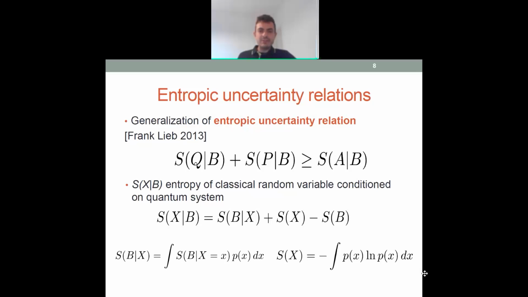And the entropy of a random variable is just the Shannon differential entropy, that is minus the integral of the probability density times the logarithm of the probability density of the random variable.